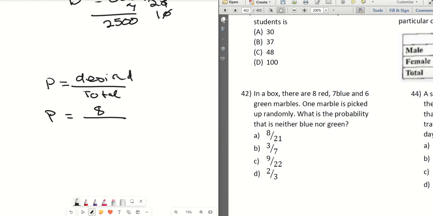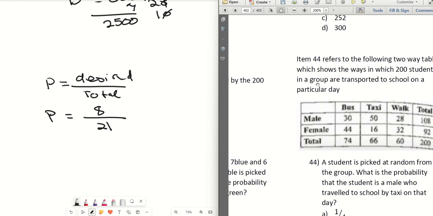So it'll be 8 over 21. So the probability is 8 over 21, which is A. Alright, so these are a few things that you need to remember, that formula of probability being one of them.